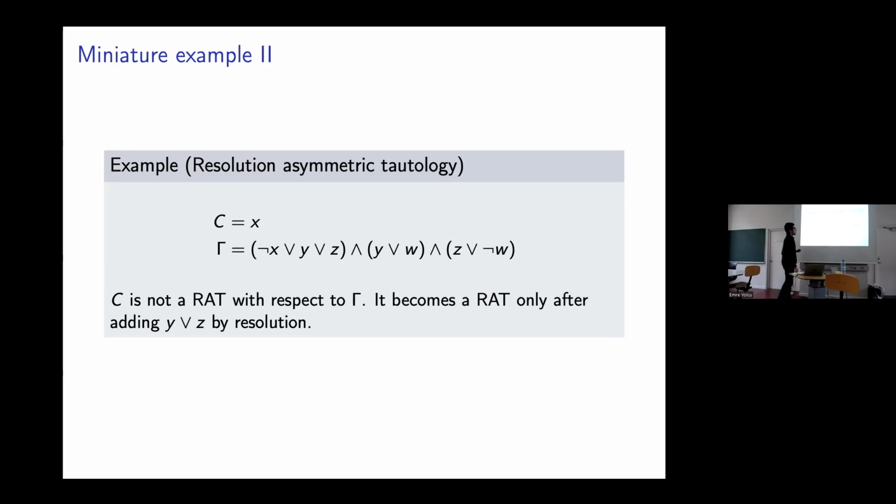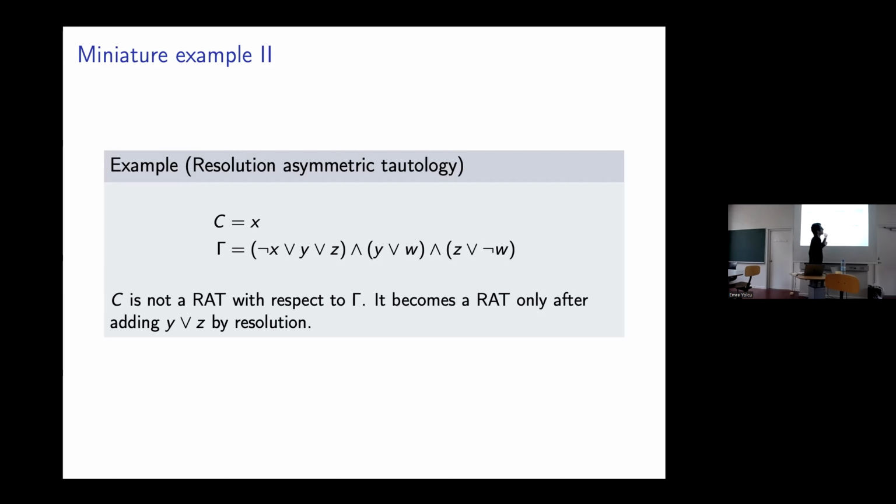Yes. So you want to derive this clause in the RAT system. You first add y or z via resolution. And also let's look at why this is not RAT. So this is the only clause to check against. The result is y or z.